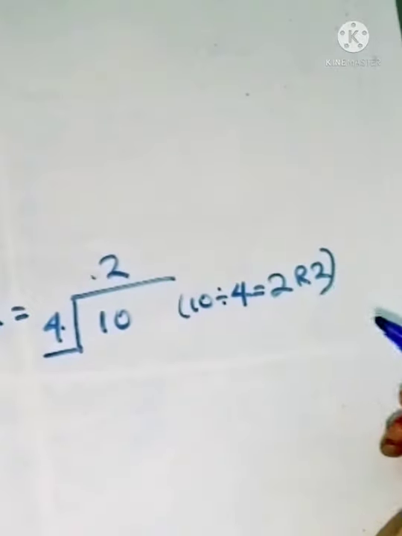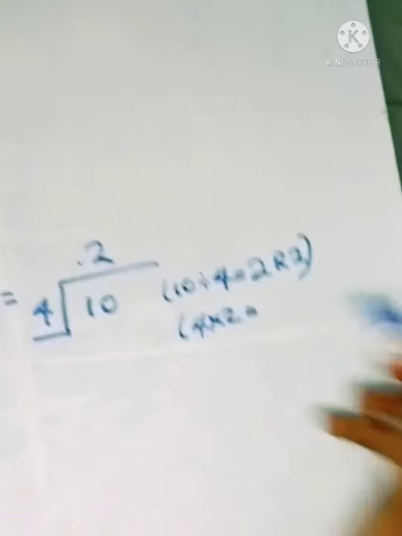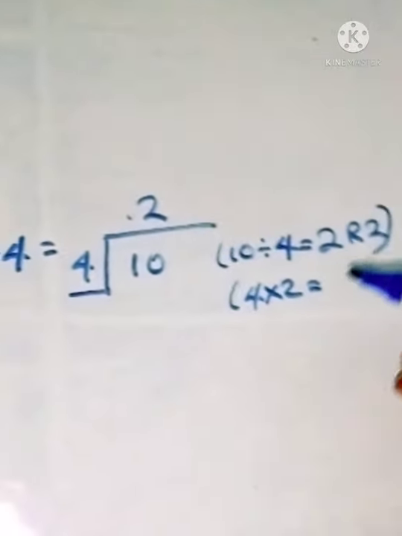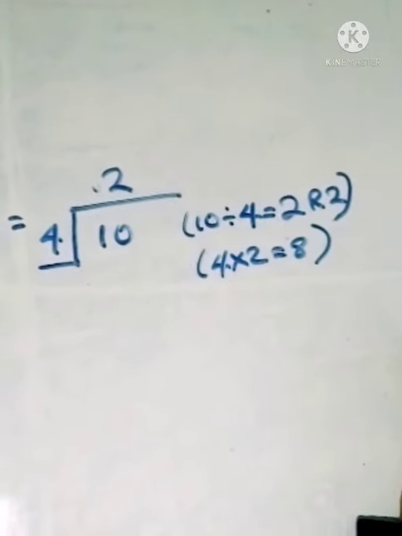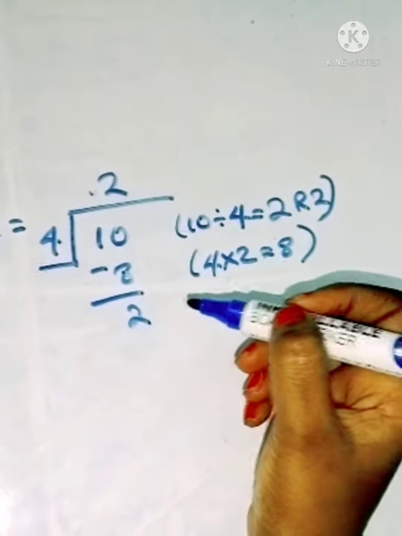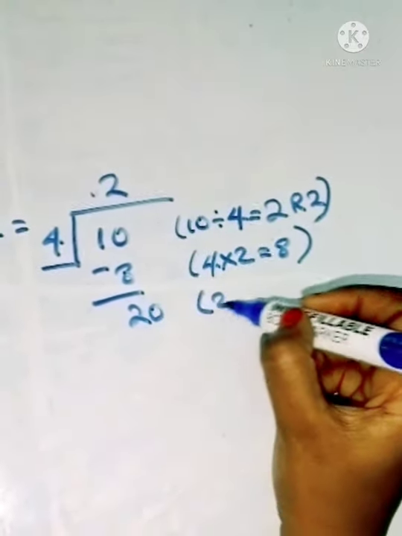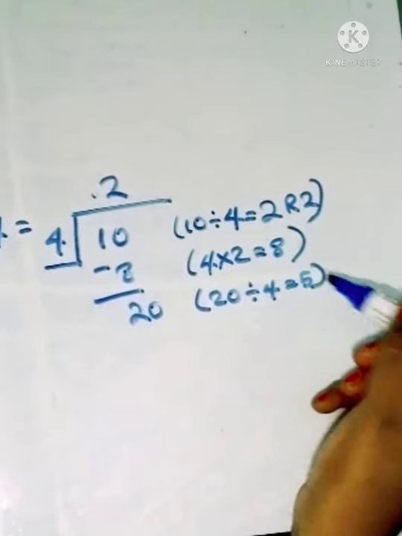So we'll write 2 up, and then we'll multiply 2 by 4, giving us 8. So we'll bring down 8 under the 10 and subtract it, giving us 2. We'll put another 0. So we'll divide 20 by 4, giving us 5.